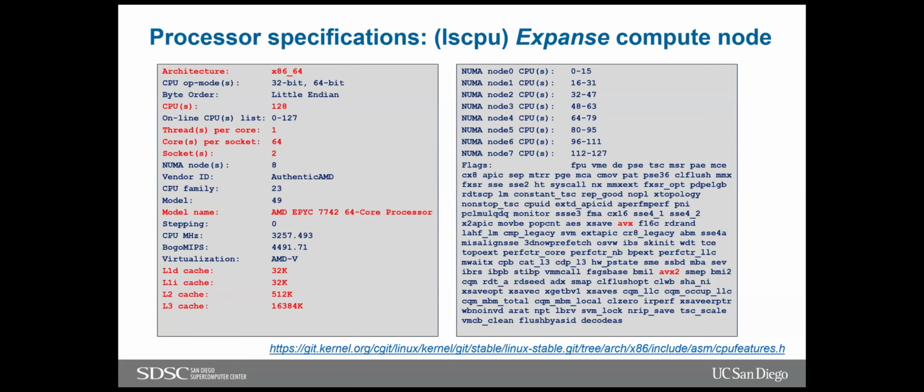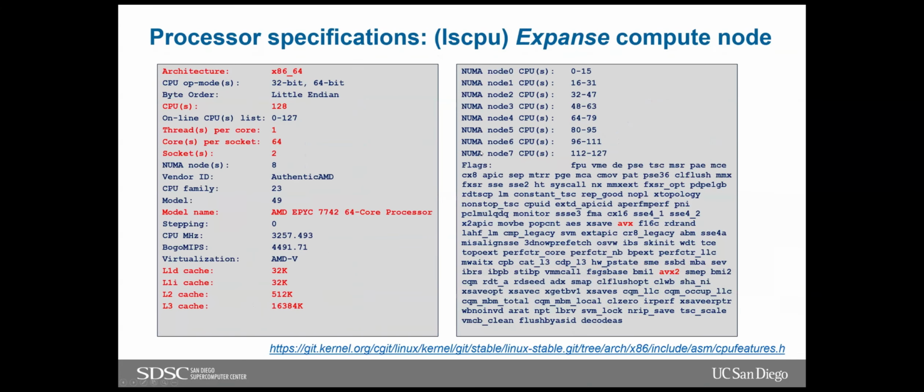The physical CPU can directly access the memory that it controls, but it's going to have to go through the other CPUs to access the other memory. So these NUMA nodes is how that's distributed. You can see that with 8 NUMA nodes, the CPUs 0 through 15 are on NUMA node 0, 16 through 31 are on NUMA node 1, and so forth.